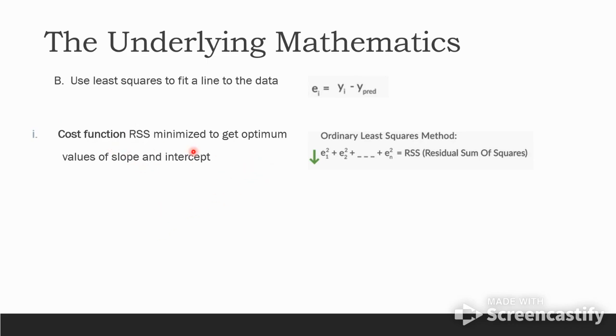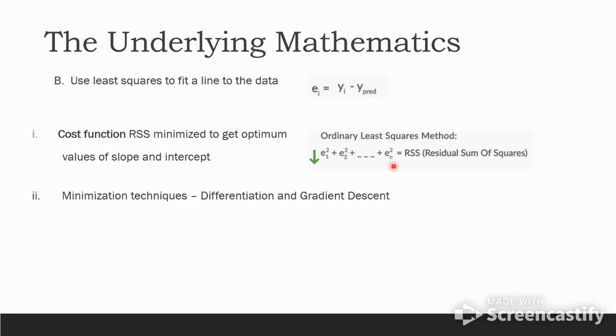So in simple linear regression, RSS is the cost function, which is the residual sum of squares. In the previous slide, our target was to minimize the sum of squares of distances of those scattered points from that line, which would give us the best fit line. So this is the ordinary least squares method, where we calculate these distances and minimize them.